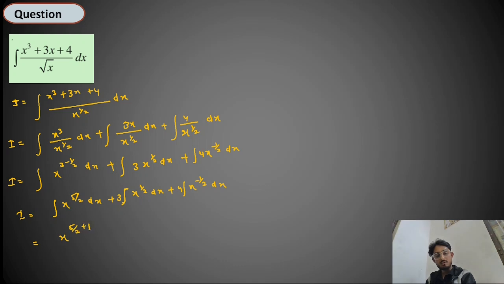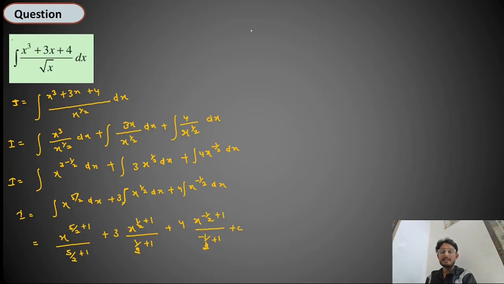x raised to power 5 by 2 plus 1 over 5 by 2 plus 1, plus 3 x raised to power 1 by 2 plus 1 over 1 by 2 plus 1, plus 4 x raised to power minus 1 by 2 plus 1 over minus 1 by 2 plus 1, plus c.